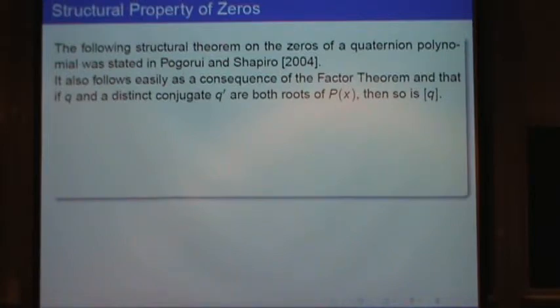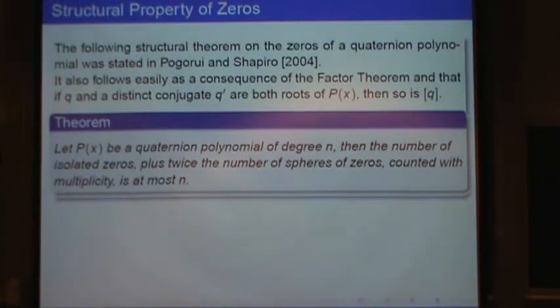It really follows trivially as a consequence of the factor theorem and the fact that if q and a distinct conjugate are both roots of p of x, then so is the entire conjugacy class. The theorem says that suppose we take a quaternion polynomial of degree n, then the number of isolated zeros plus twice the number of spheres of zeros counted with multiplicity is at most n.